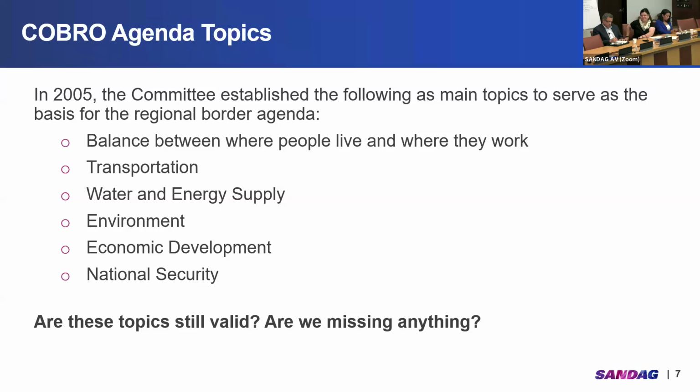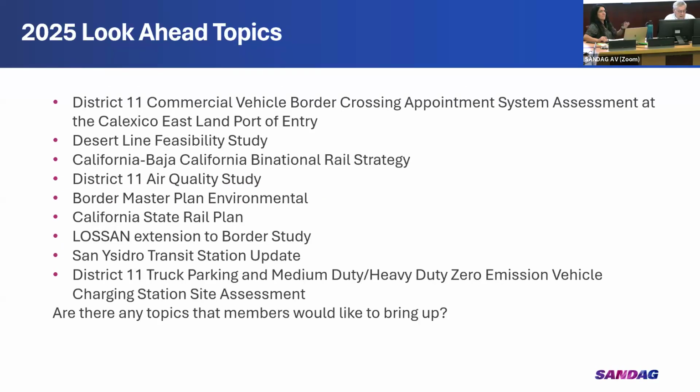Okay, in the couple of minutes left, we have some look-ahead topics proposed for 2025, potentially to be on the COBRO agenda. You might want to provide some feedback on that. Let us know what you think.